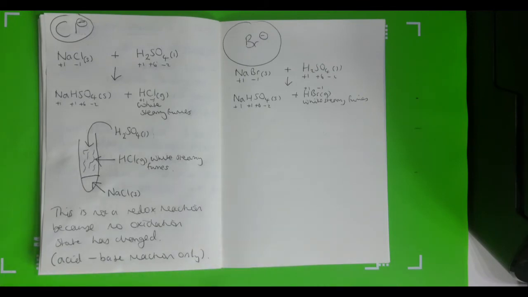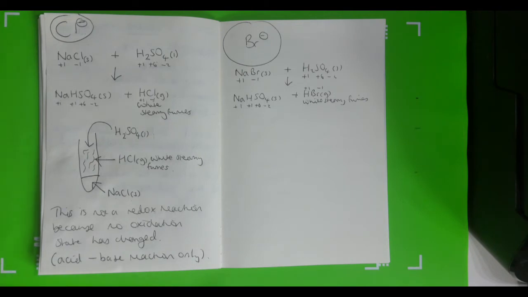So I'm going to write down a couple of half equations here, and then we're going to pull them together to make a full redox equation. This is why 7.3, or lesson 7.3, is really important that you do this before this lesson, because I'm not going to go through loads of techniques and things. I'm going to assume that you can do it if you can do 7.3.